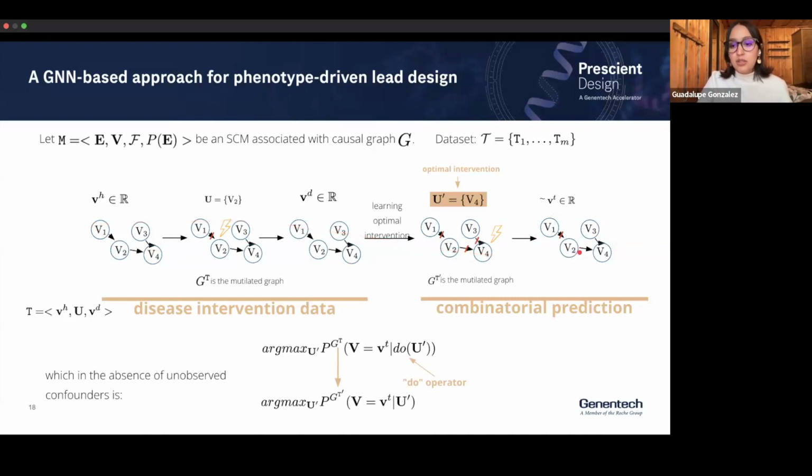In our case, VT is a treated state, not necessarily VH, so that we could take advantage of all the perturbation data that is available. Because for the case that we wanted to learn explicitly how to go back to VH, there's not a lot of data that we can learn from. Of course, there's all the replicates we can have of the healthy state, all the replicates we can have of the disease state.